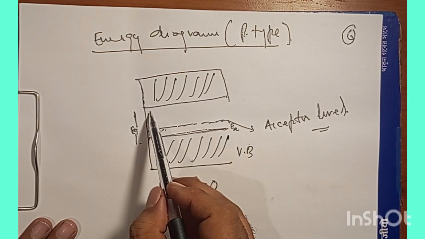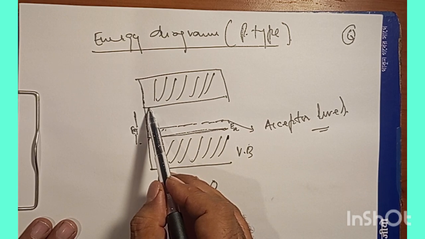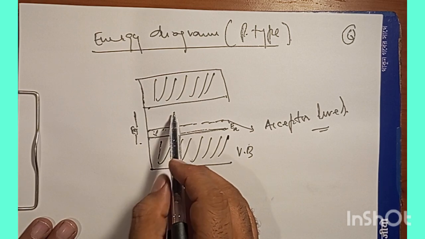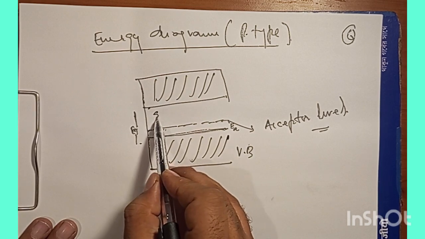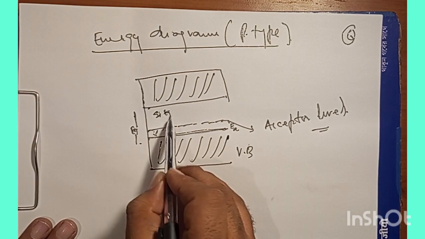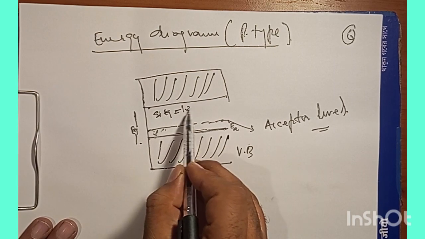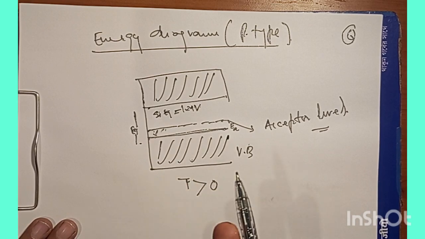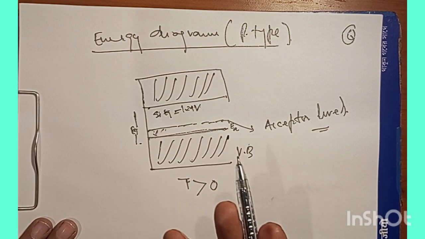If we see the original forbidden energy gap in a pure semiconductor, for example for silicon, this energy gap is nearly 1.2 electron volts, and for germanium it's nearly 0.7 electron volts.